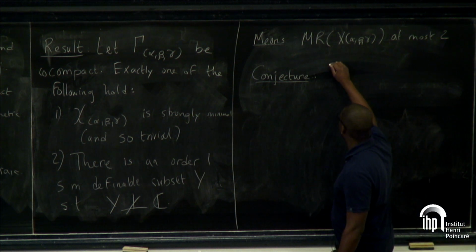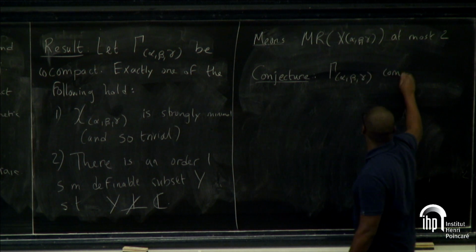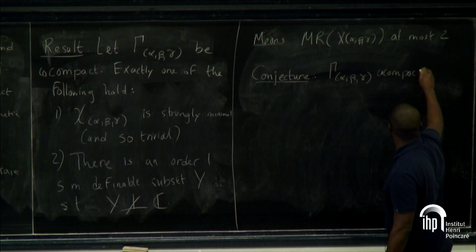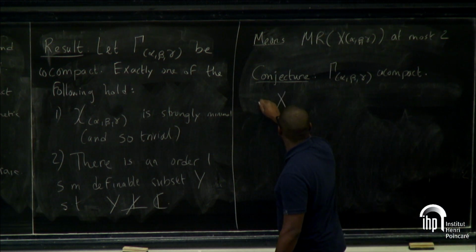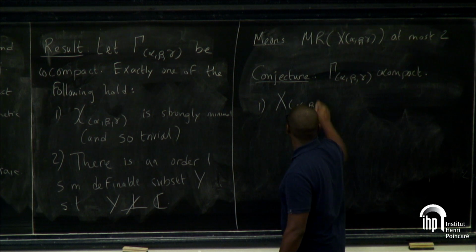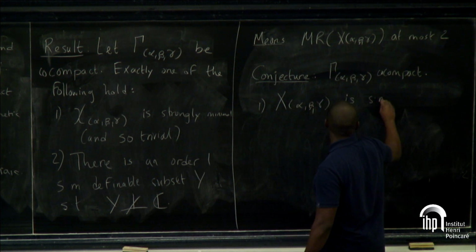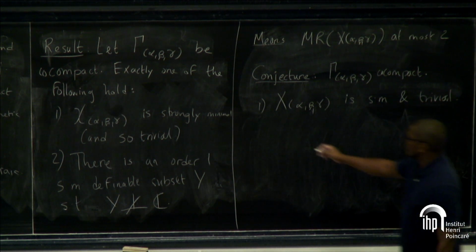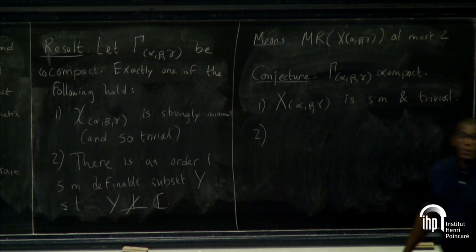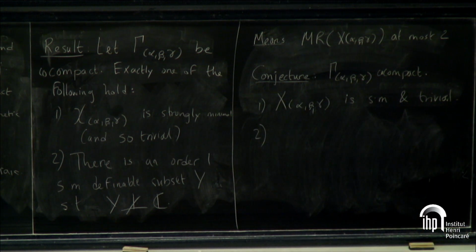So one, the equation is to be expected to be strongly minimal and trivial. And two, we know already that once you obtain triviality, the arithmetic ones will be non-omega categorical.